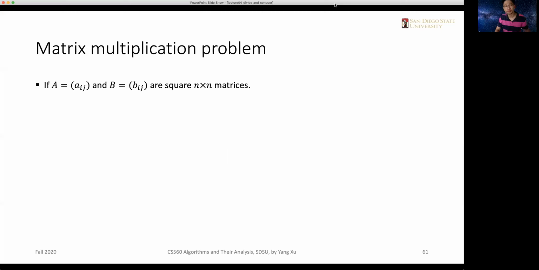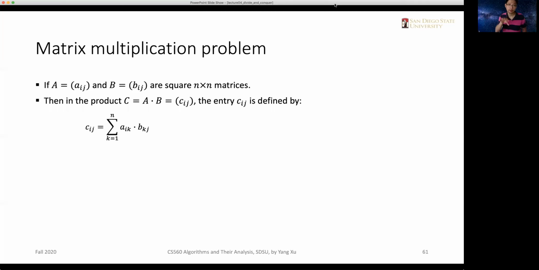Okay, so let's look at the problem. Given two matrices, capital A and B, we simplify the question by using square matrices only. And the task is to compute the product between the two matrices. So the product between two n by n matrices is also an n by n matrix. And each element in the resulting matrix is defined in this way.